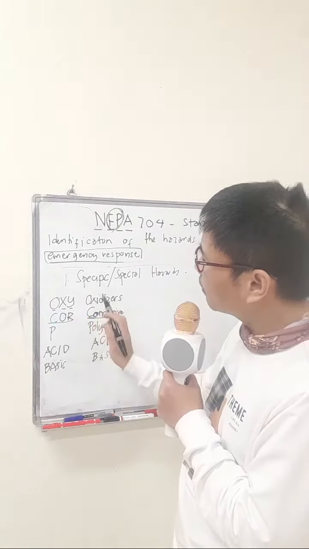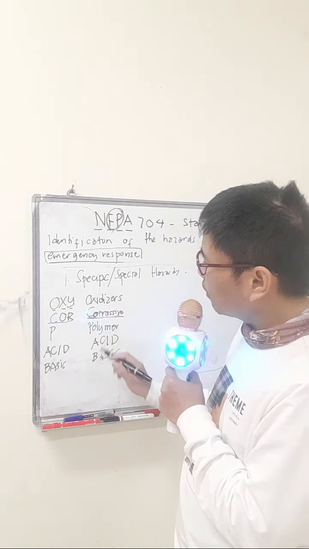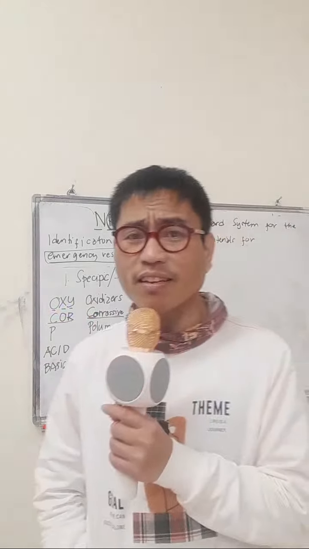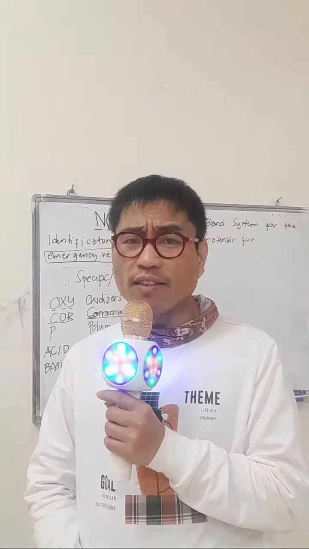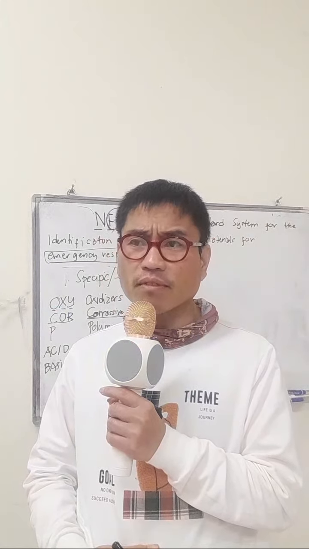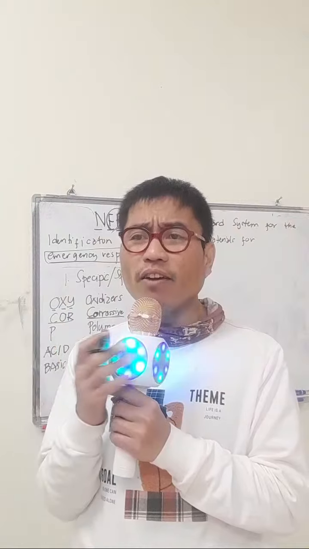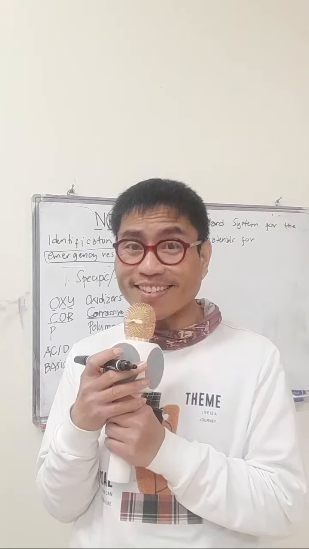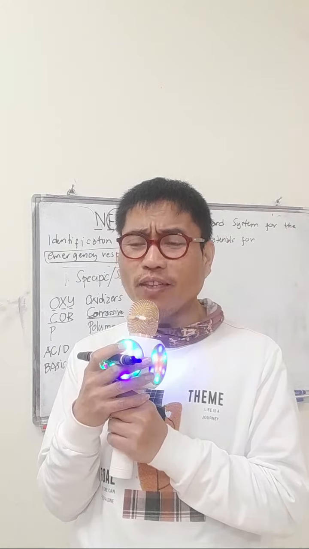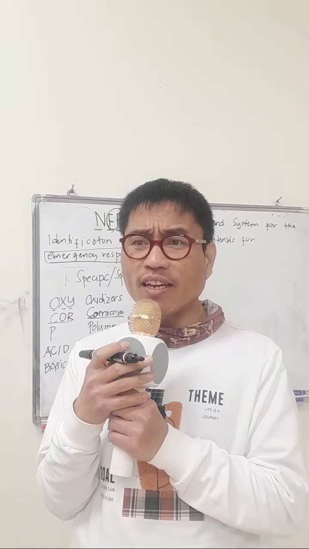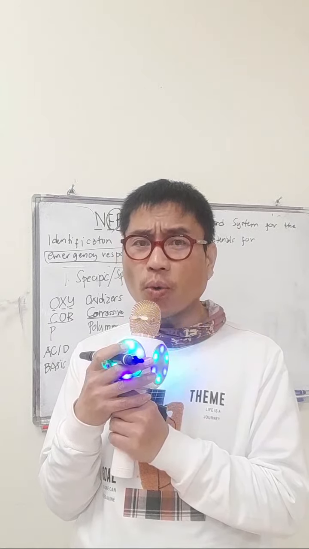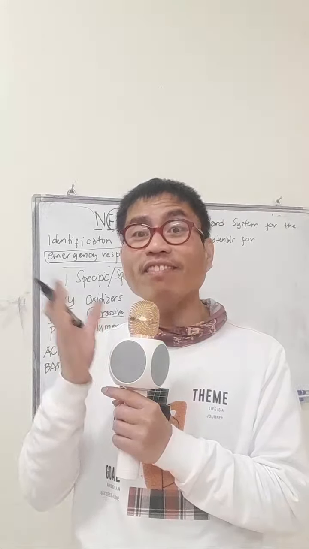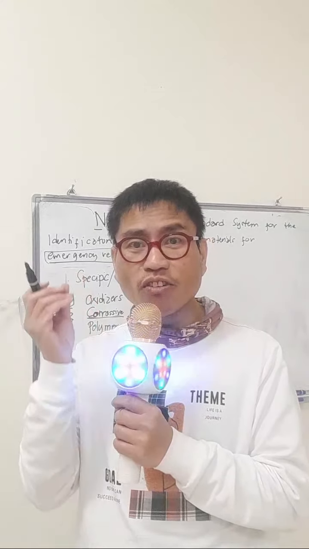And then for the irritant, irritant is also IR. Irritant is the ability of the chemical substances to be absorbed in the skin surface, the nose, the throat, the lung, causing irritation.